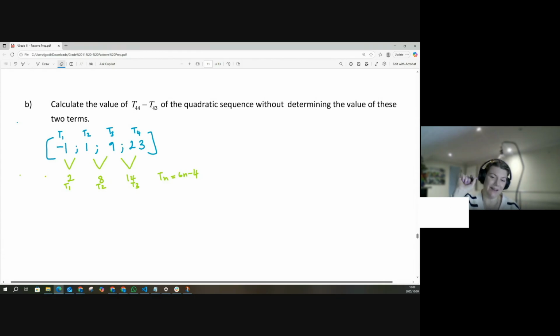Wrong path, Uyanda, because you don't need to be working in the quadratic line. You need to be working in the linear line, because what you're looking at is a difference between 2 terms.